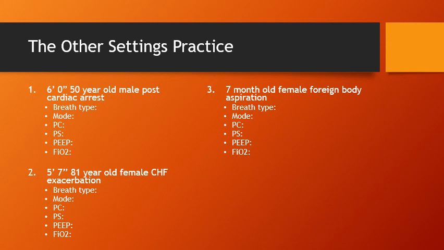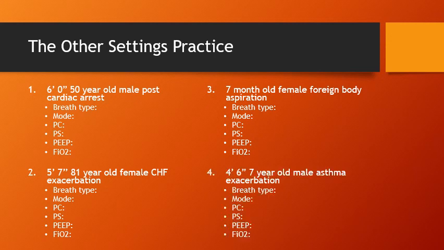So breath type, pressure control is going to be our best option. Mode is still going to be SIMV. Our pressure control is going to be 15 centimeters of water, our pressure support 10 centimeters of water, PEEP of 5 centimeters of water, and FiO2 of 100%.